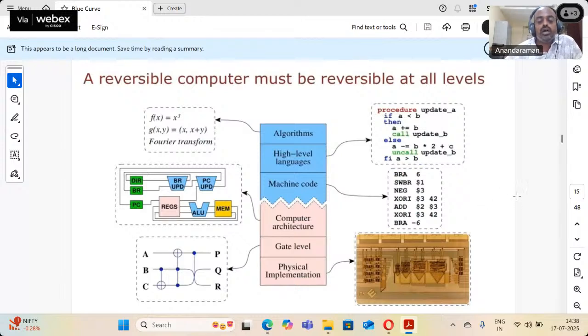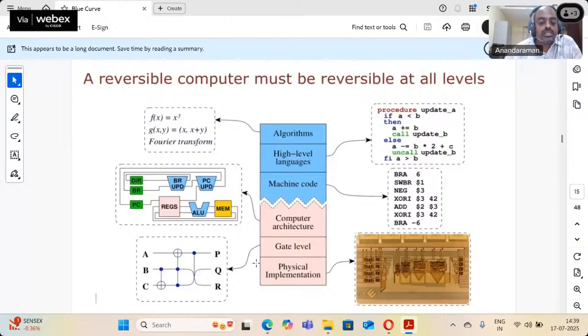How do we make a reversible computer? We have the irreversible computer now. How is it implemented? Physical implementation through transistors. Then gate-level implementation with AND gate, OR gate, NAND gate, NOR gate, the universal gates. Then computer architecture comes, then machine code, then high-level language, then the algorithms we are using.